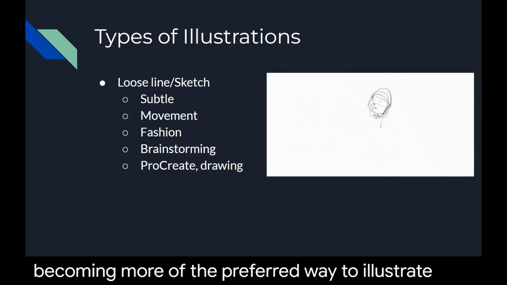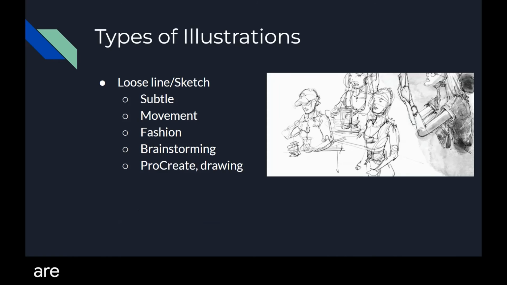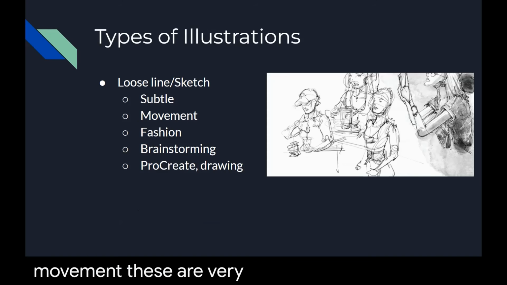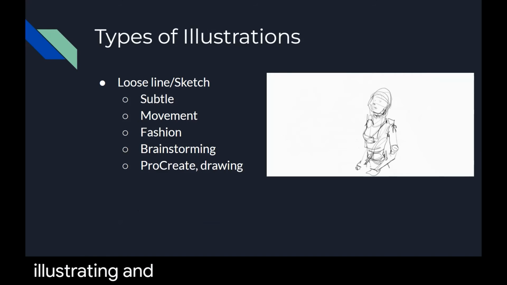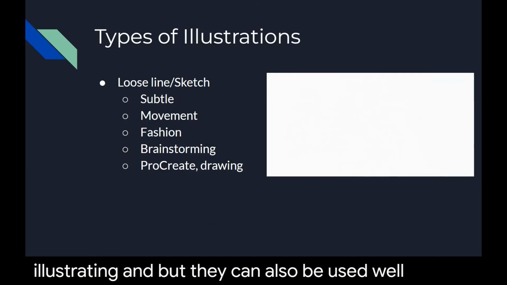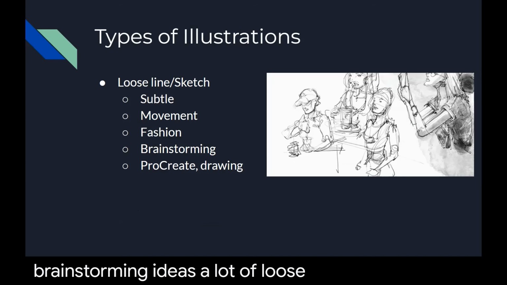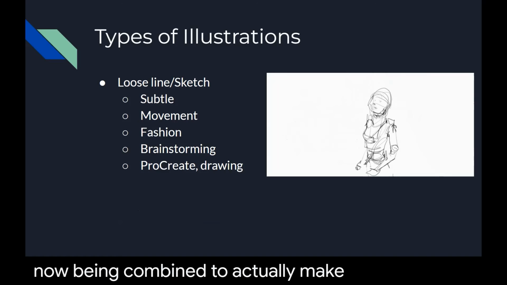You can also do loose line and sketch illustrations. These are known as more subtle. There are ways to show movement. These are very common within fashion illustrating, but they can also be used well for brainstorming ideas. A lot of loose line and sketch is now being combined to actually make animation as well.